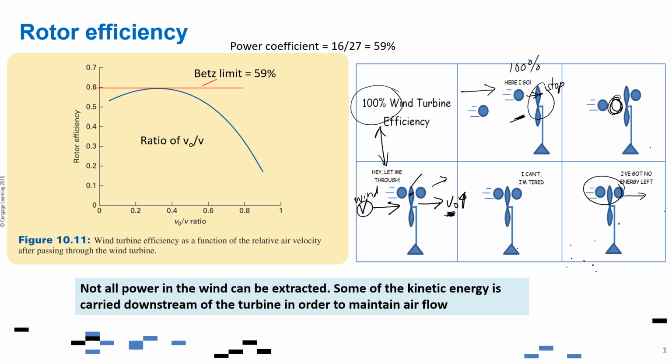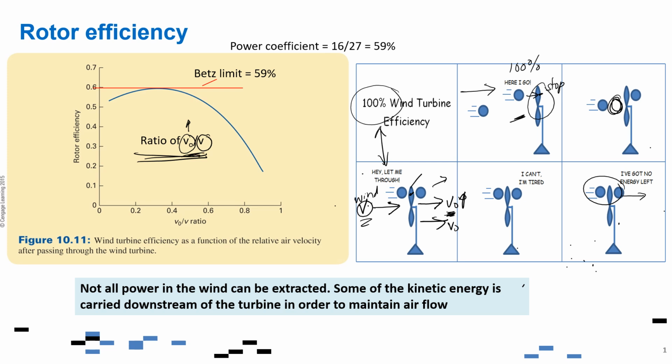So if we say that the wind flowing through after the turbine is V sub 0, this one here, and the initial wind going towards the turbine is V, then we don't want V sub 0 to be too high and we don't want it to be zero as well.